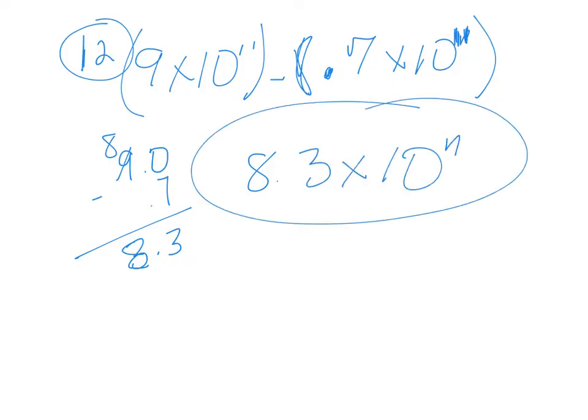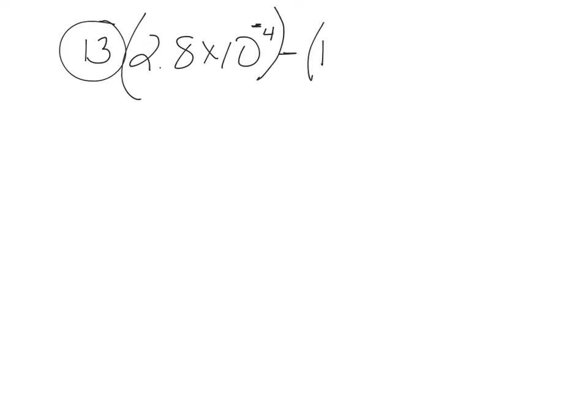And there's our answer. 13. 2.8 times 10 to the negative 4th, let's say negative, minus 1 times 10 to the negative 2nd.